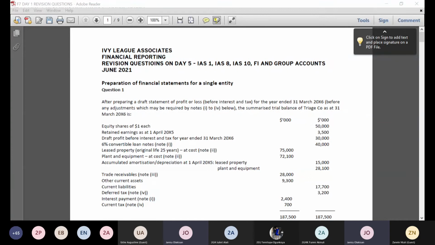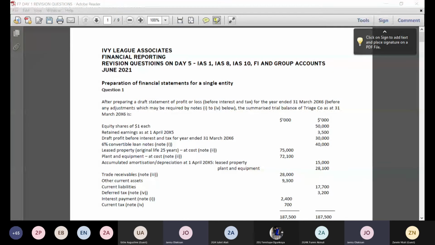What do we mean by the transitional provision? Every new pronouncement, by way of new accounting standard or amendment or interpretation, contains transitional provision, focusing on how you make the change. So that new pronouncement will tell you how you should make the change.